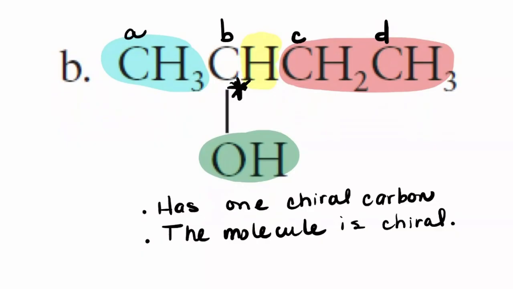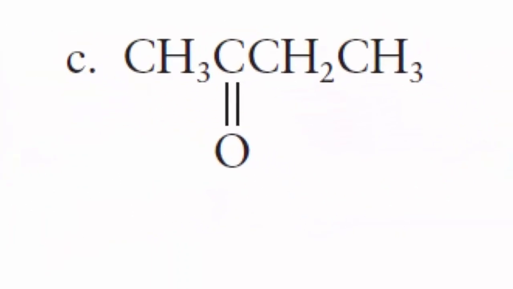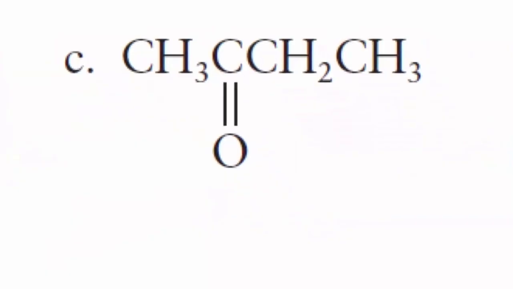Let's look at our last example. As I've done before, I'm going to label the carbons. This is carbon A, carbon B, carbon C, and carbon D. As we learned from the previous two examples, carbon A cannot be chiral because it's a CH3. Carbon D cannot be chiral because it is also a CH3.